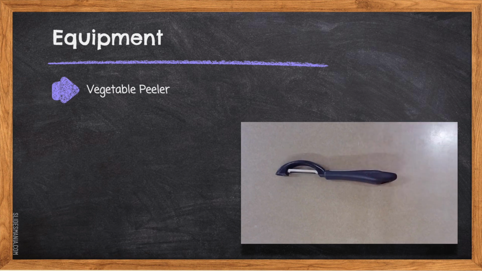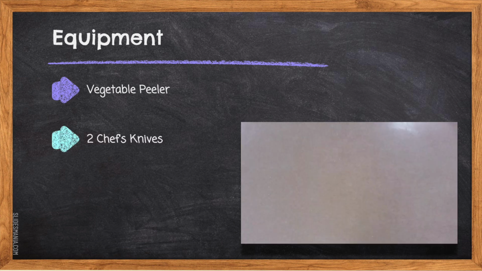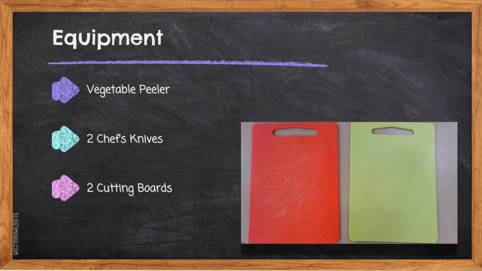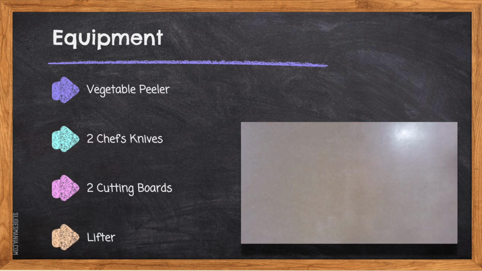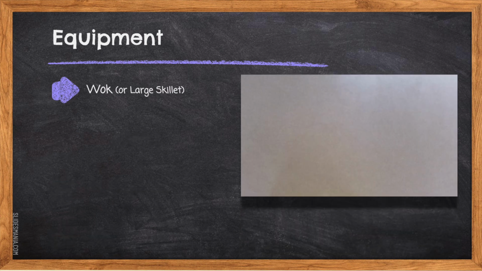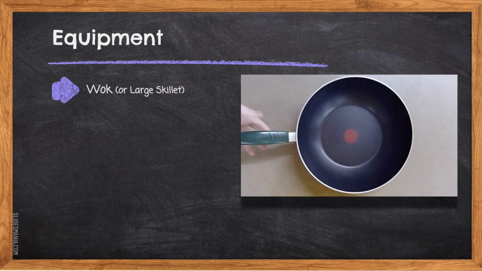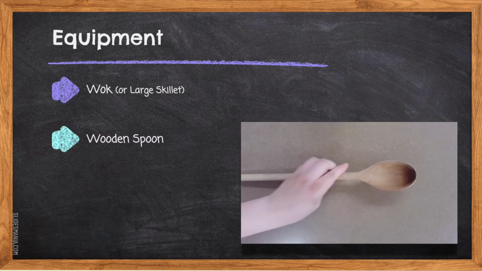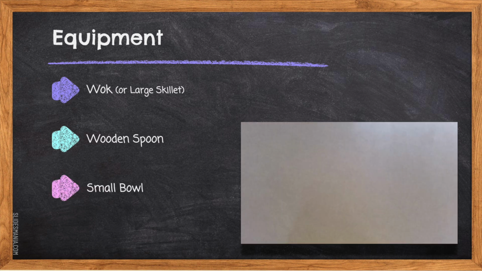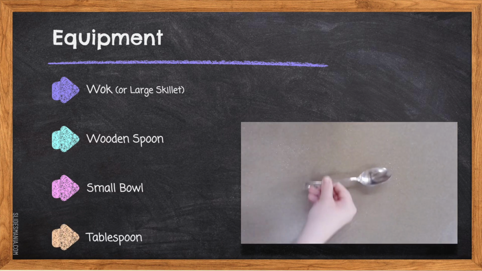Vegetable peeler. 2 chef's knives. 2 cutting boards. A lifter. Wok or large skillet. Wooden spoon. Small bowl. And finally, a tablespoon.